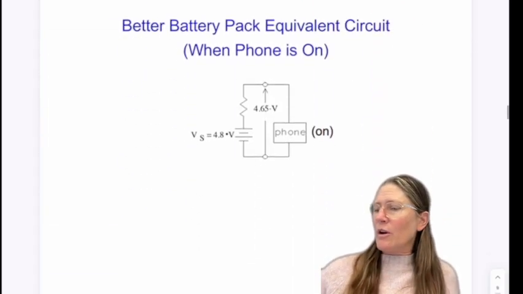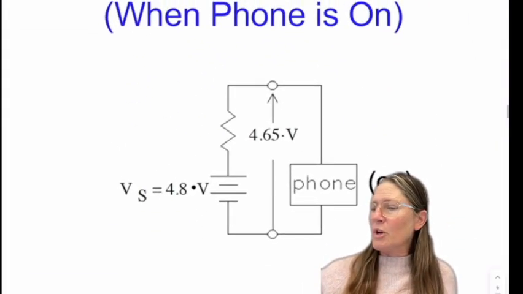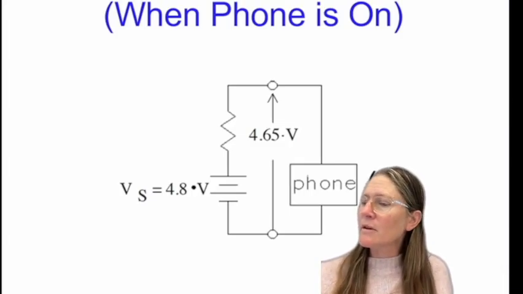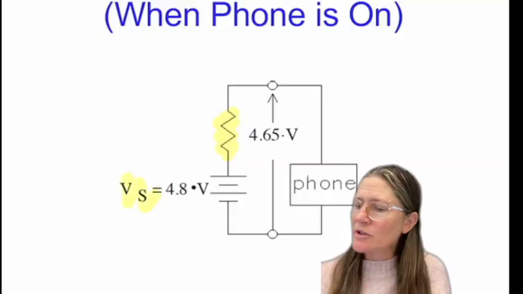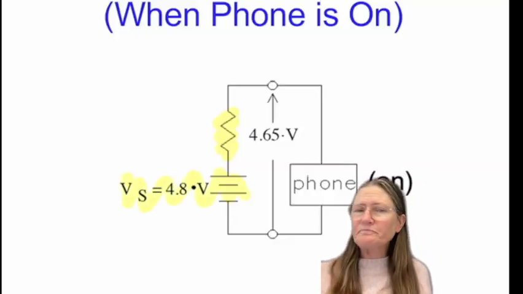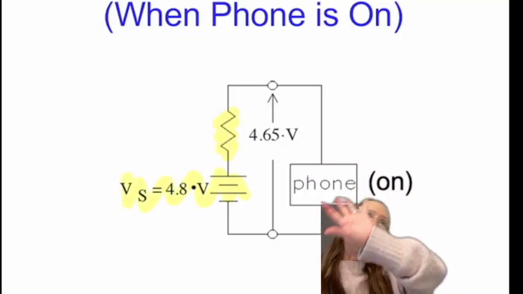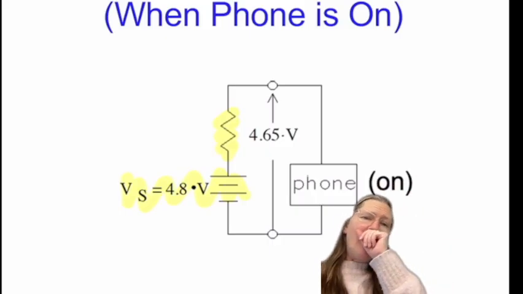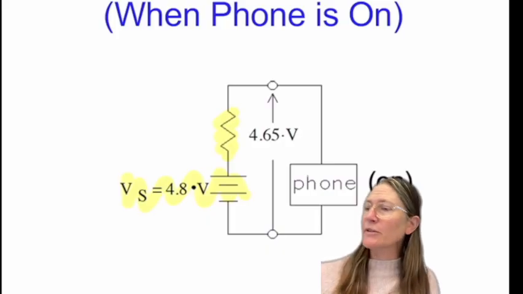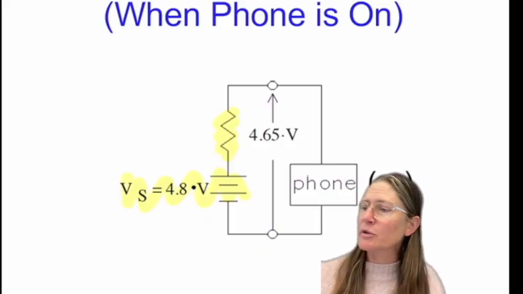So instead, we can model it by just a resistor and a voltage. All of that complicated circuitry can be modeled by this one resistor and one voltage source.